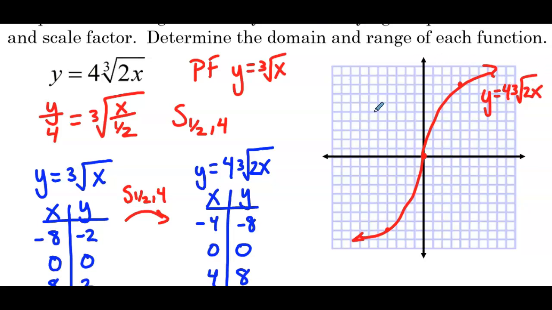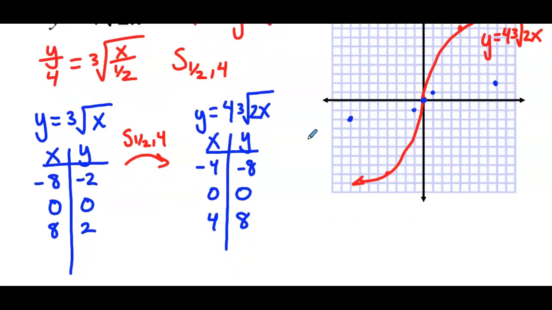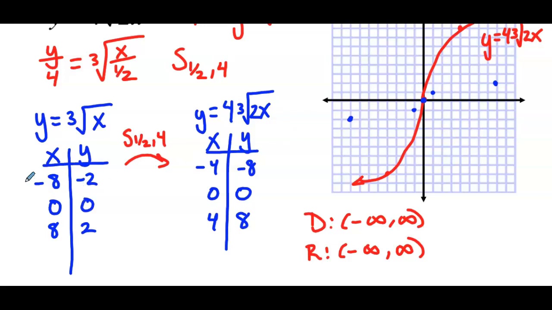Because remember, if we graph the parent function here, just to compare, 0, 0, 1, 1, 8, 2, -1, -1, -8, -2. Right? It still wants to maintain that same shape, it's just been scaled out. So our domain is all reals here, working from left to right. Our range is also all reals, working from bottom to top.